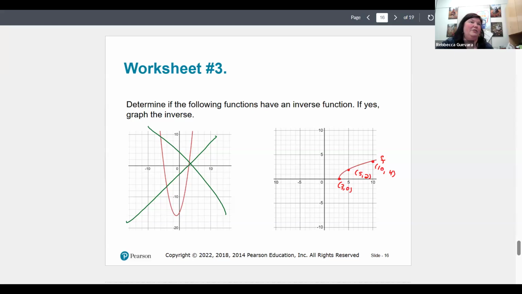So now when we do the inverse, we're just flipping those points. So instead of being 3, 0, we're going to look at 0, 3. That's going to be part of my inverse. Instead of having 5, 2, we have 2, 5.